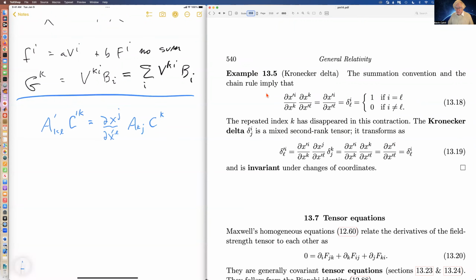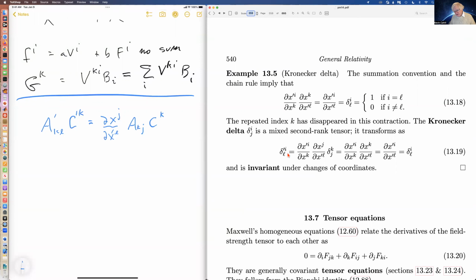The thing that I used a moment ago is that the chain rule tells us that partial x prime I, partial x^K times partial x^K, partial x prime L is partial x prime I differentiated with respect to x prime L. That's delta IL, which is, of course, the Kronecker delta. This Kronecker delta itself is an invariant tensor.